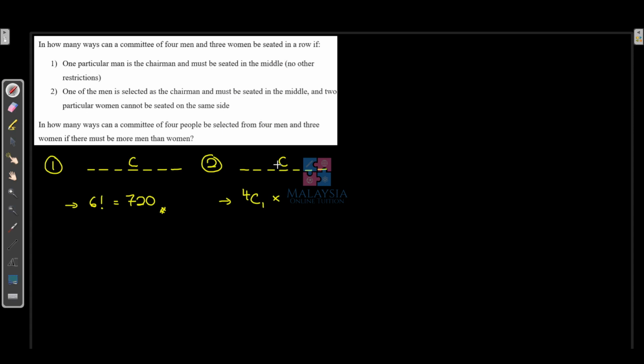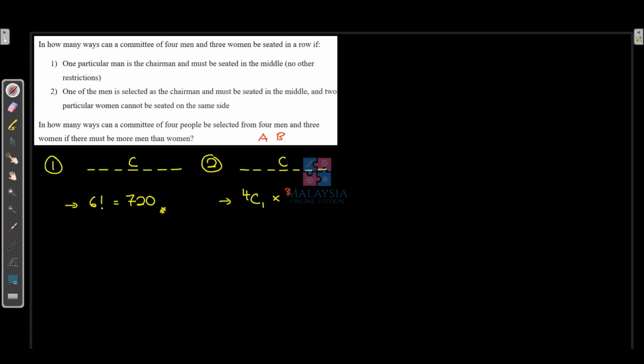So no arrangement problem. Now for the next restriction, 2 particular women cannot be seated on the same side. Let's call them A and B. So for the first case, we have A, for example, seated on the left side of the chairman and B seated on the right side of the chairman. So we want to arrange A in one of the 3 seats.